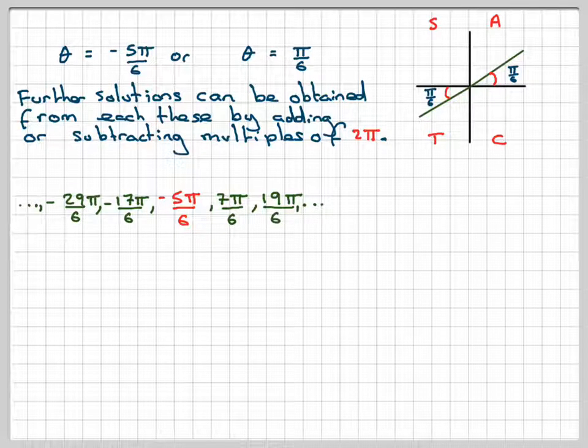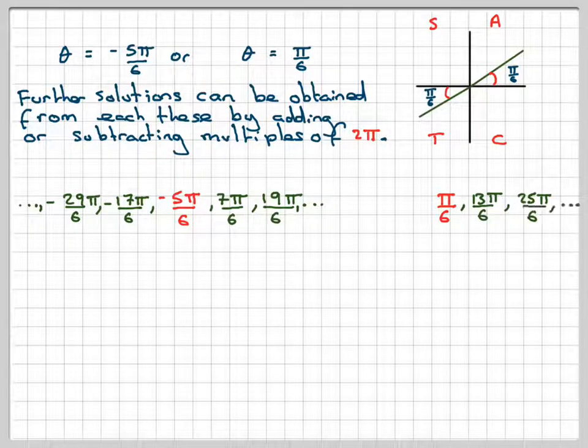So they're all going to be multiples of pi/6. And then for this one here, pi/6, if I add 2 pi, I get 13 pi/6, 25 pi/6, and then going back the other way, minus 11 pi/6, minus 23 pi/6.